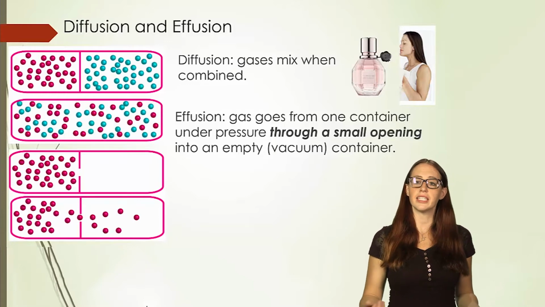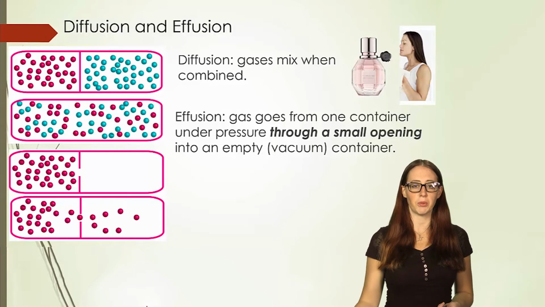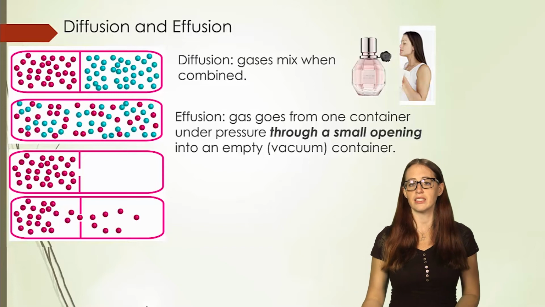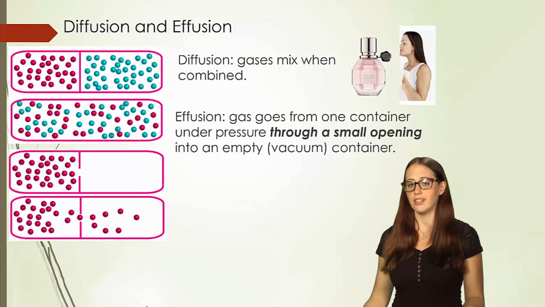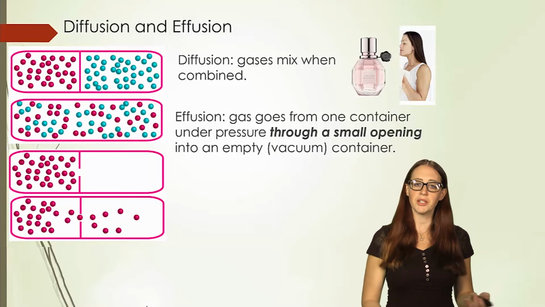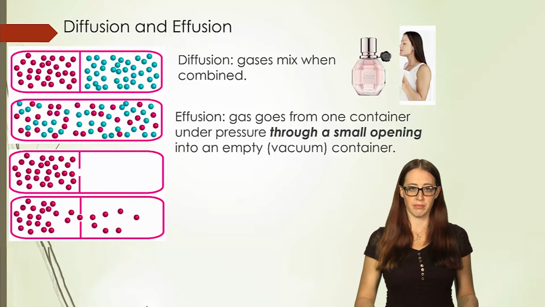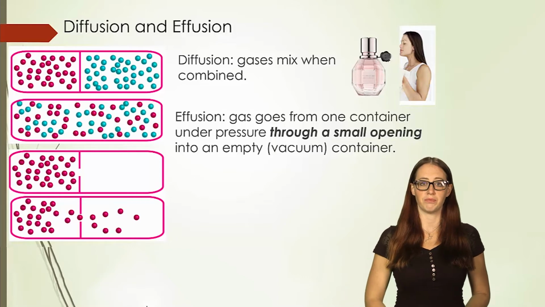For instance, a helium balloon that's leaking helium through the pores of the rubber will often be considered effusion, even though technically it is mixing into the air, and it is technically diffusion. So just be aware of the differences here. Though on any exam, I wouldn't give you any sort of muddled definitions. It would be gas going through a small opening into a vacuum equals effusion.